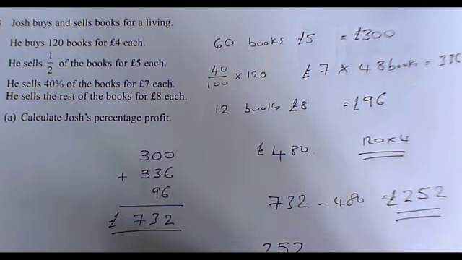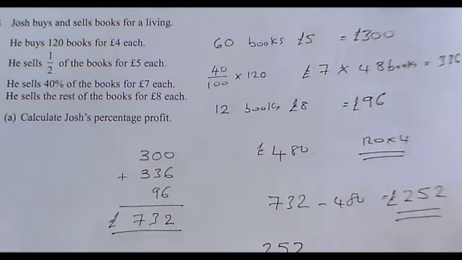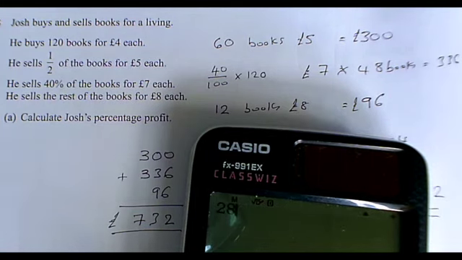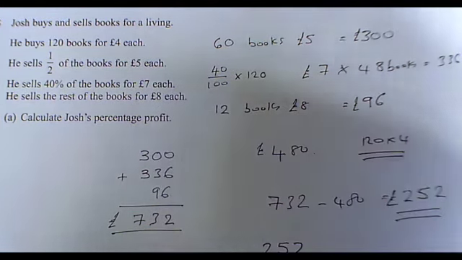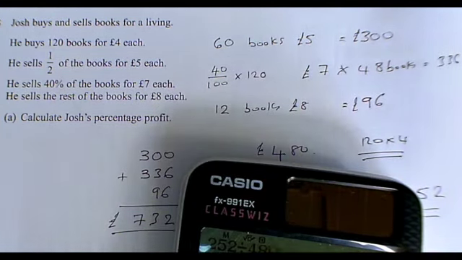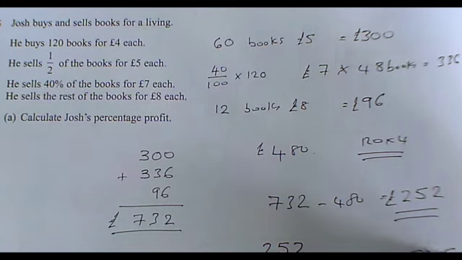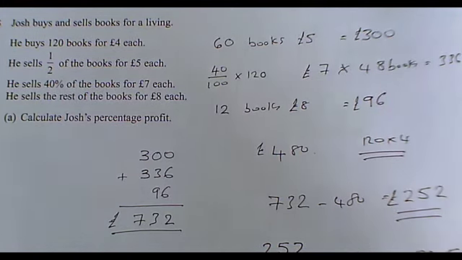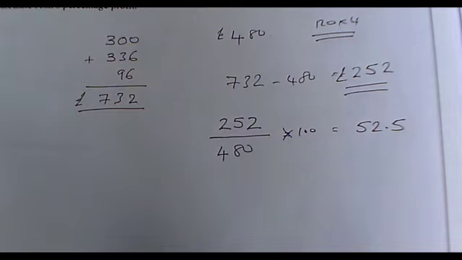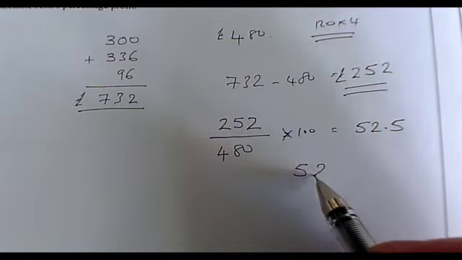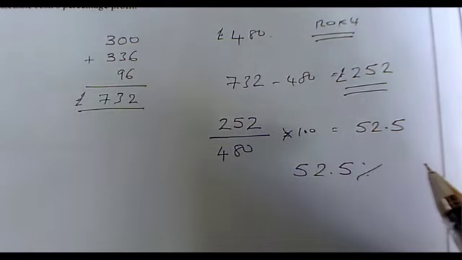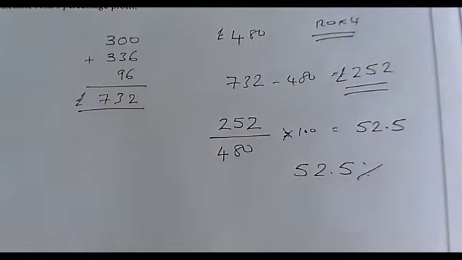I'll move the paper up in a second. Okay. So the answer was 52.5% profit. And I wouldn't round it up because we haven't been asked to round it up.